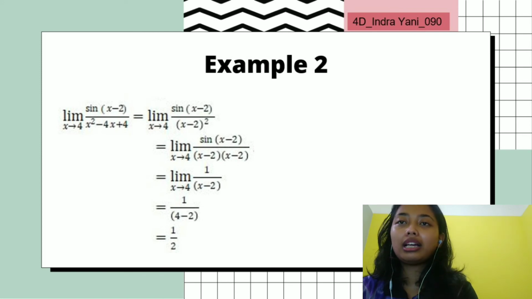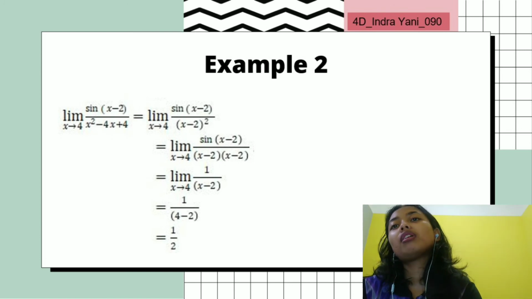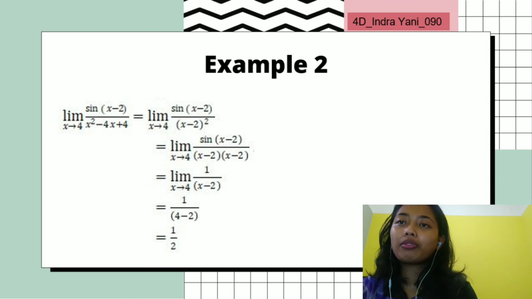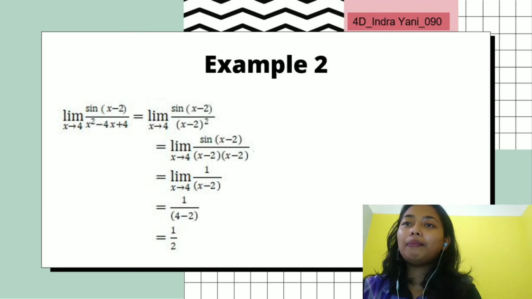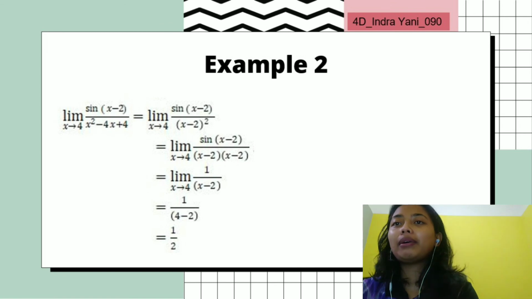We can factor it as limit sine (x minus 2) divided by (x minus 2) squared as x approaches 4. That is limit sine (x minus 2) divided by (x minus 2), multiplied by 1 over (x minus 2), as x approaches 4.